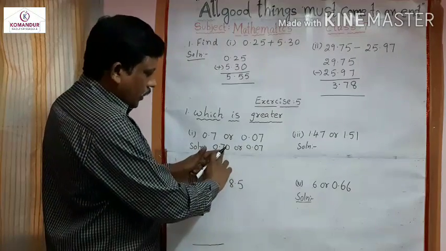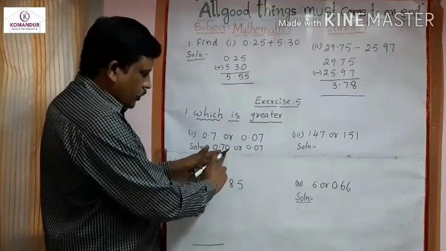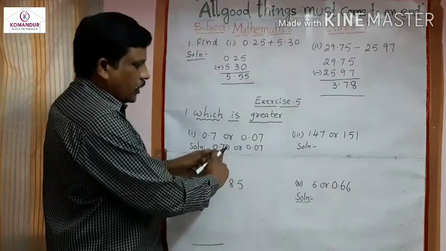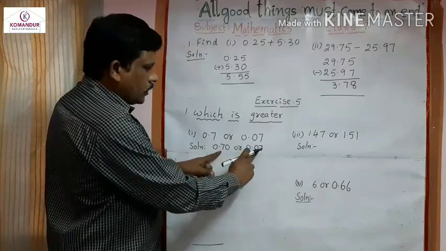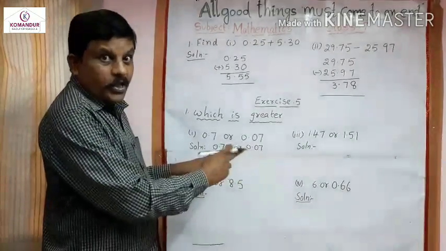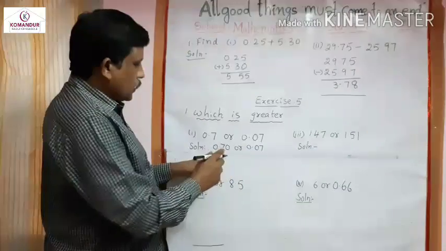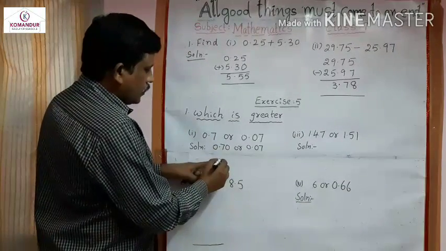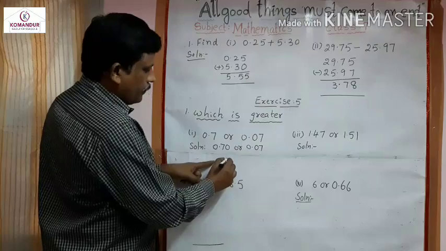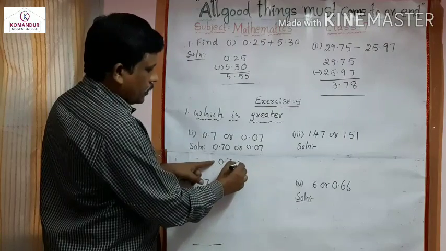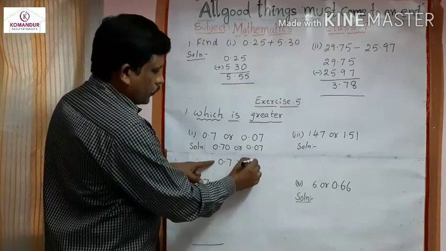So come to the decimal right side and compare the first digit. Here what is the number? 7. Here 0. Which is greater? 7 is greater, so this number is greater. 0.7 is greater than 0.07.